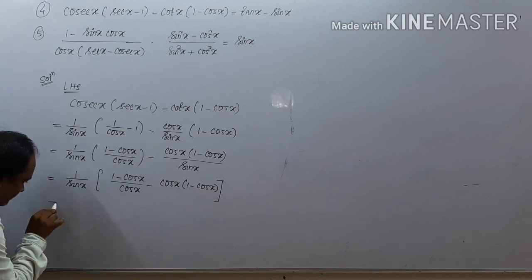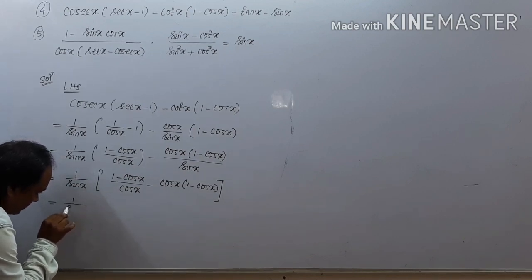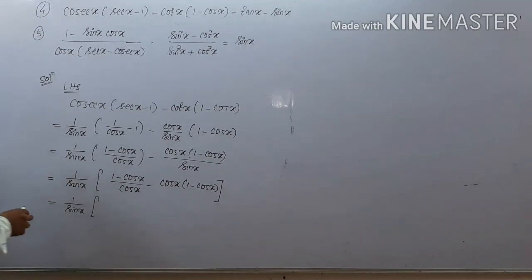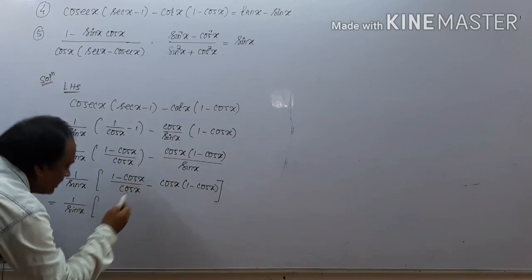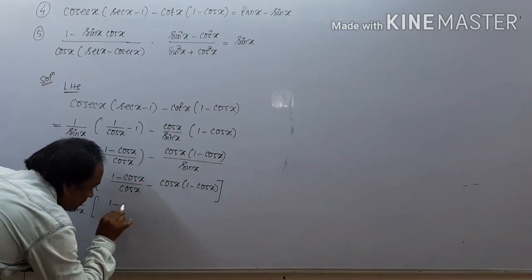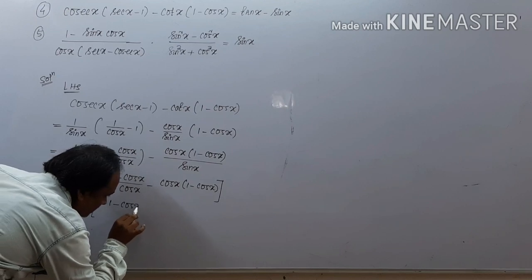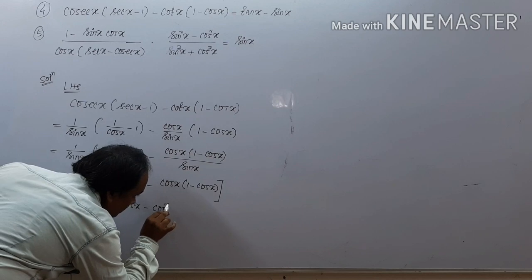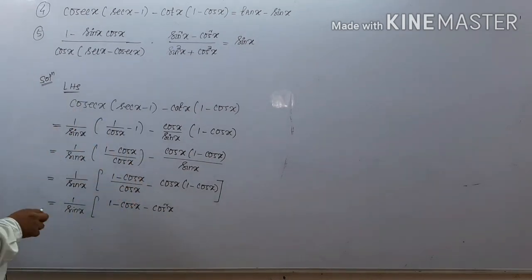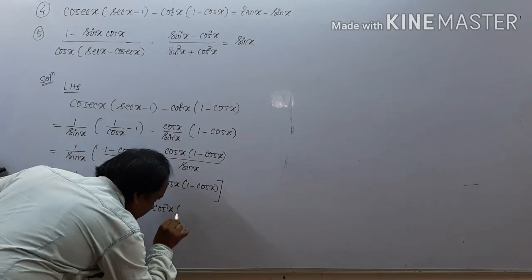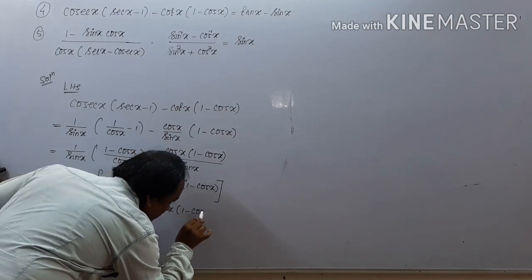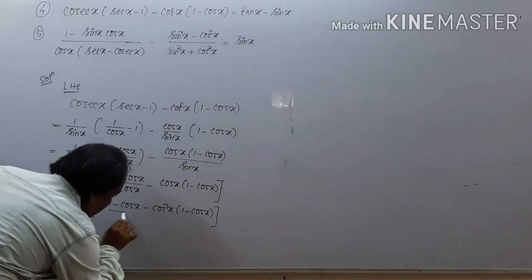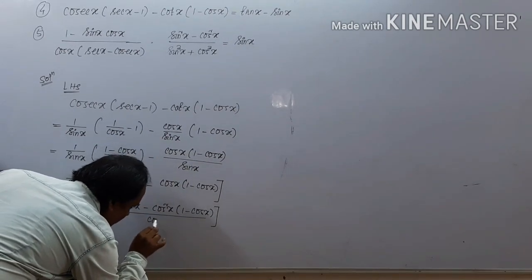So, here we will get 1 divided by sin x, and the LCM will be cos x, so clearly this is (1 minus cos x) minus cos square x, into (1 minus cos x), whole divided by cos x.